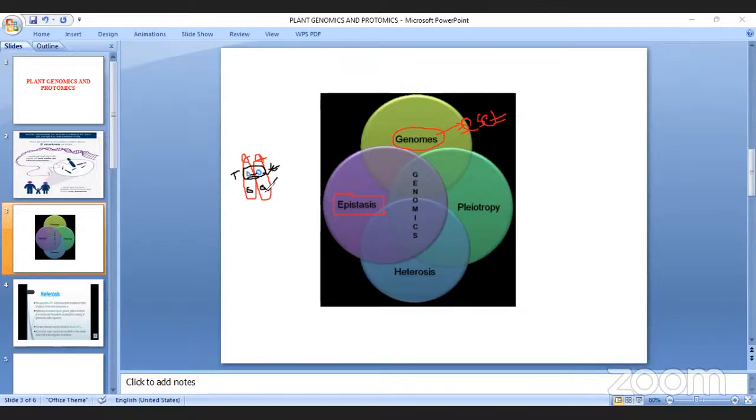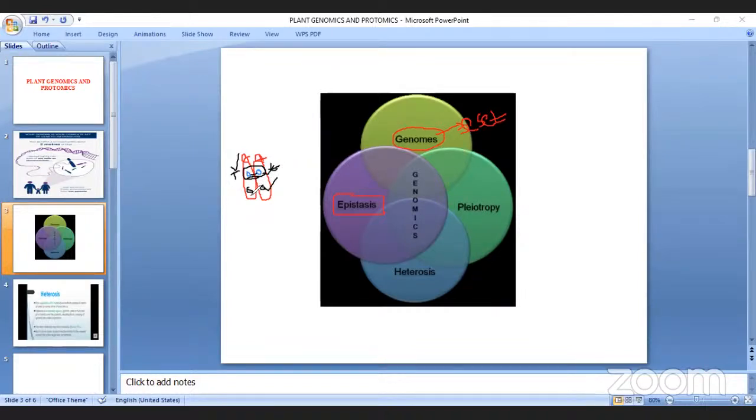Which character is expressed? Capital T is tall, small t is dwarf. Capital T is expressed. So this is interaction only at the same locus, right?